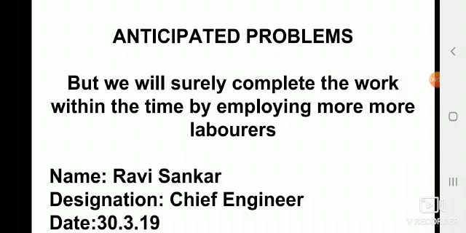And my dear students, after writing anticipated problems, on the left side you have to write the name and also designation. See, the designation is chief engineer, and you have to mention the date. So this is the example of status report, which is very important for this semester.